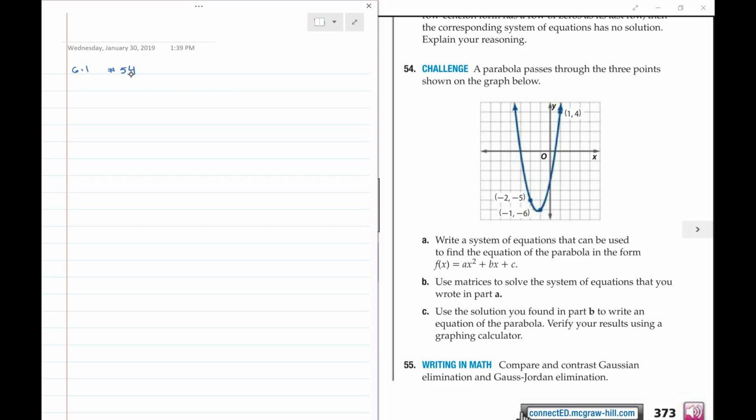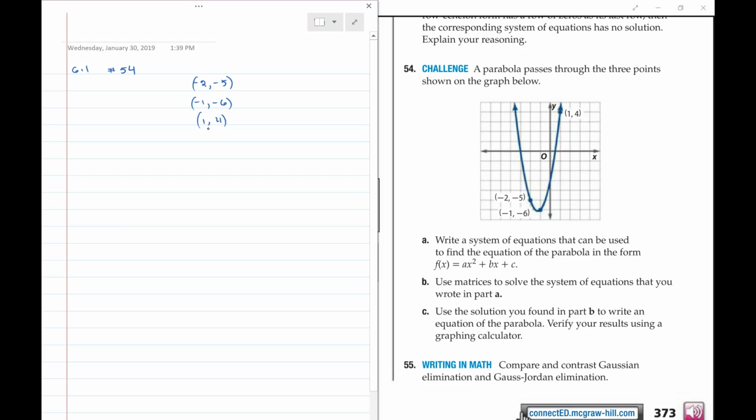A parabola passes through 3 points shown on this graph. Write a system of equations that can be used to find the equation of the parabola in the form f of x is ax squared plus bx plus c. Okay, so the 3 points that were given here are (-2, -5), (-1, -6), (1, 4).